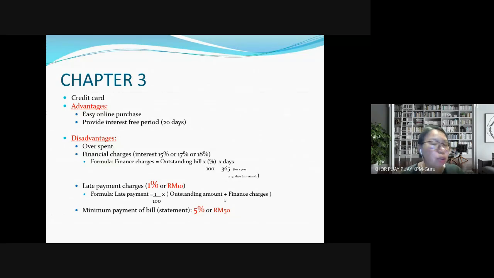Now, this late payment wouldn't be worth it, because the late payment will be charged on the amount that you haven't paid, together with your interest, you know. The extra charges or the late payment charges are counted together with the interest. And then when you pay, you must pay your interest, and you must pay your late payment also.